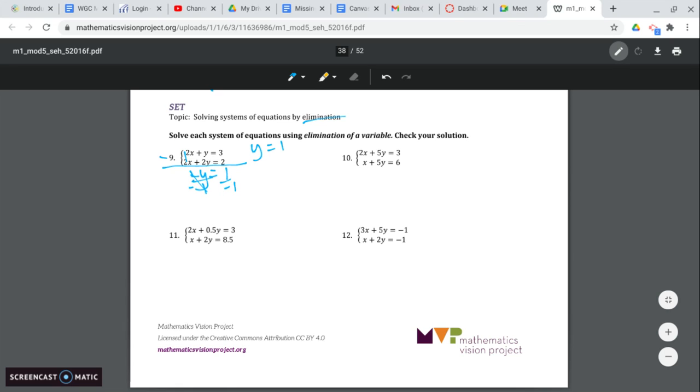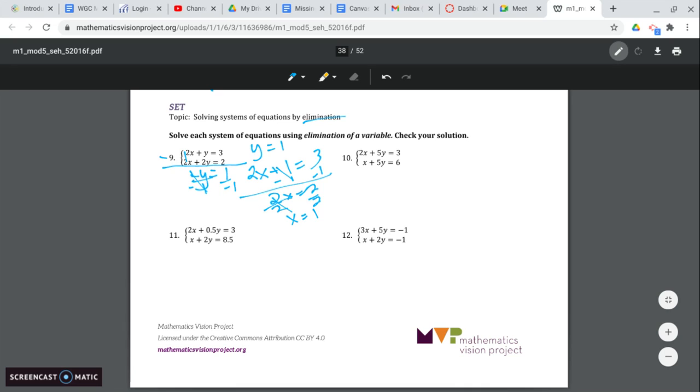Now, just like before, once you find what one value is, you have to find the other value. So we're going to plug 1 in for y into one of the equations. I'm going to put it in the first one. So 2x plus 1 equals 3. We subtract the 1. We have 2x equals 2. Divide by 2, so x equals 1.